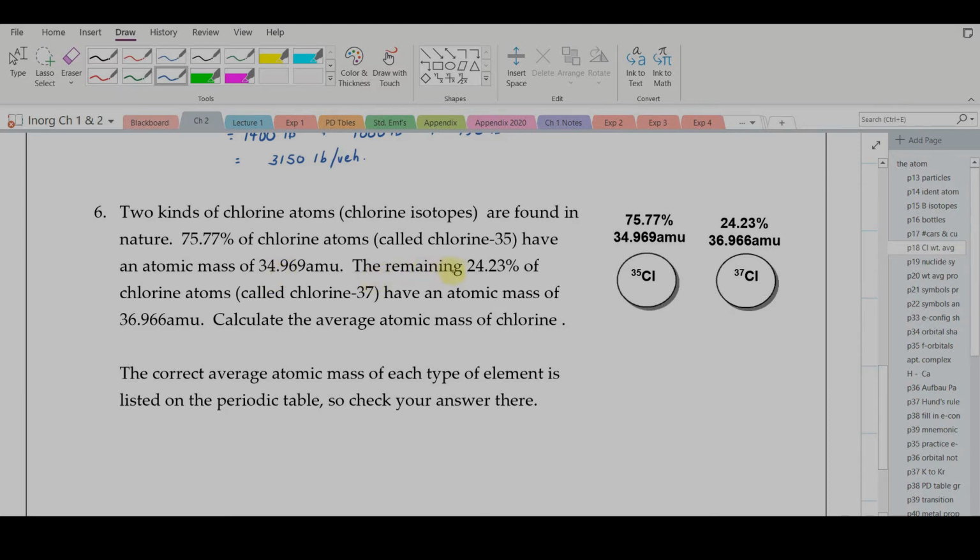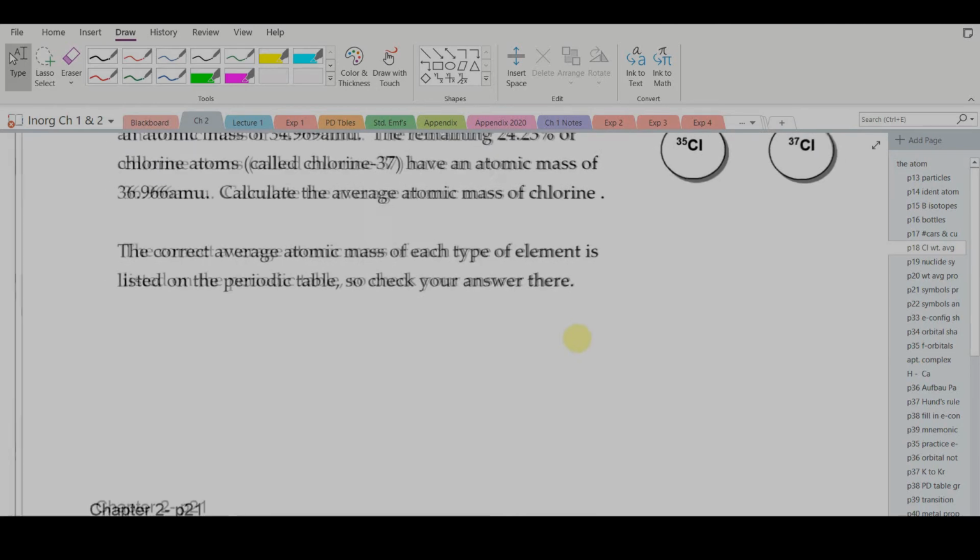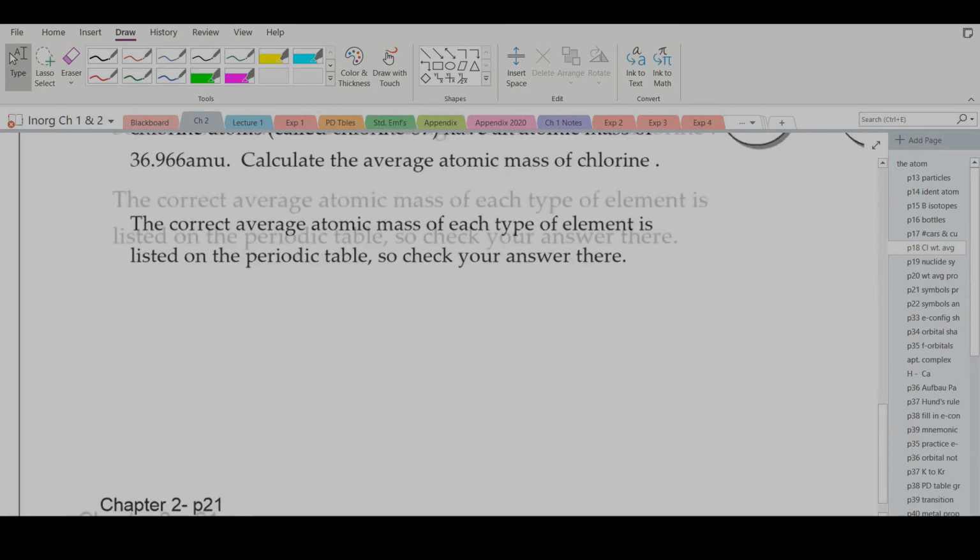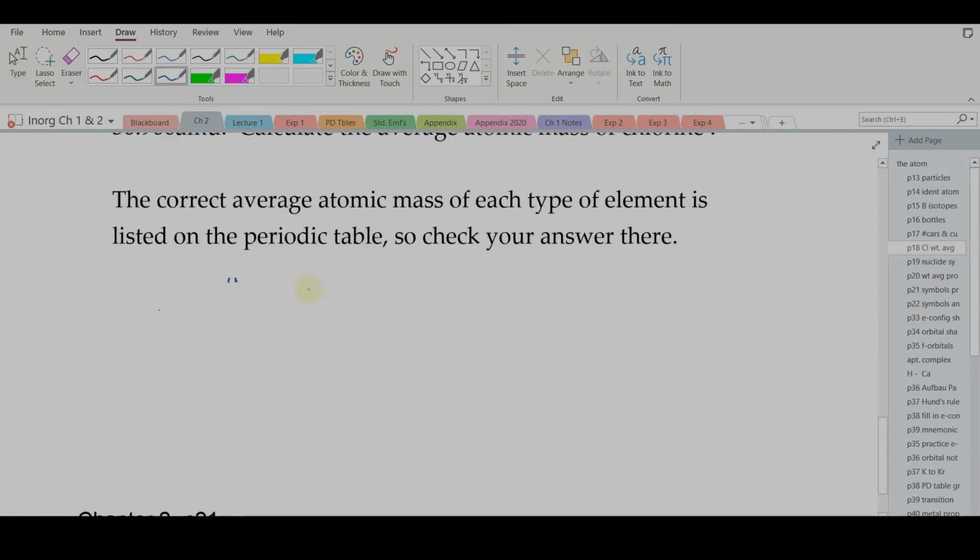The remaining 24.23% of chlorine atoms have an atomic mass of 36.966, and that's called chlorine 37. Notice that the nucleon number is close to its mass. Calculate the average atomic mass of chlorine, and then check the periodic table for the answer.